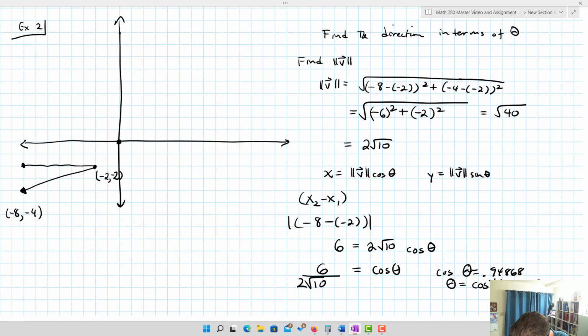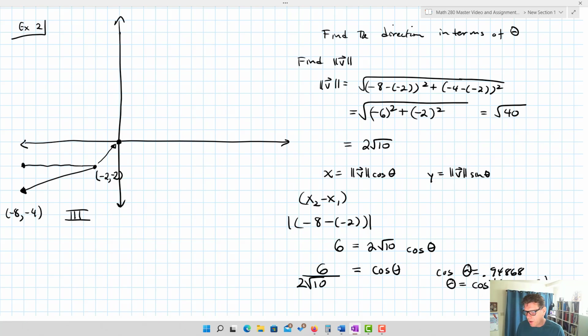If you move it over to standard position, you're going to see that it's now actually in the third quadrant. We've moved that vector over. So it's pointing basically southwest. And so what we need to do here is figure out what that value is, whatever that value is for cosine inverse.